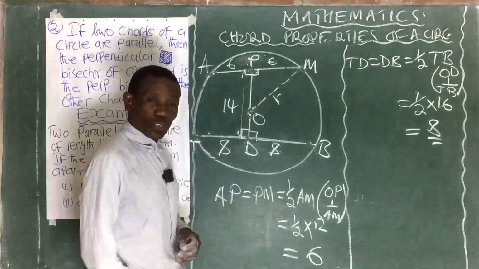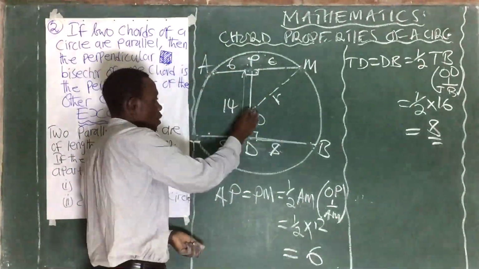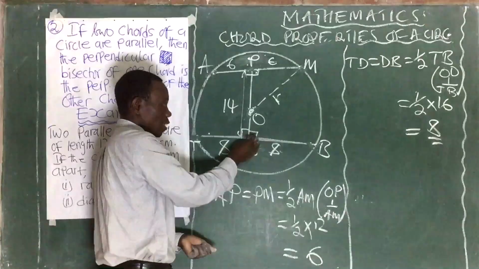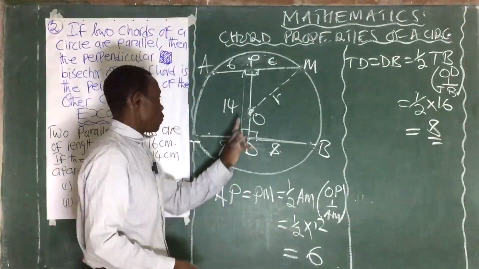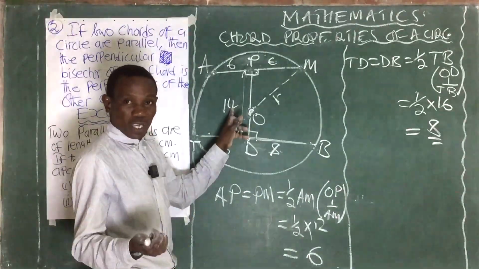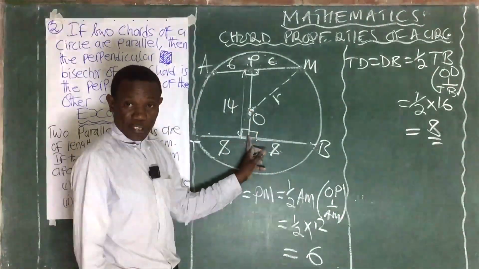Don't make the mistake of saying that the distance from here up to here is the same as from here up to that. Some students are fast: you just divide the 14 by 2, considering that PO is equal to 7 and here up to that is 7.